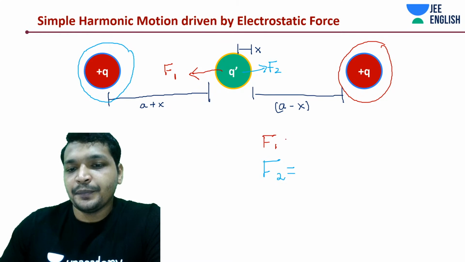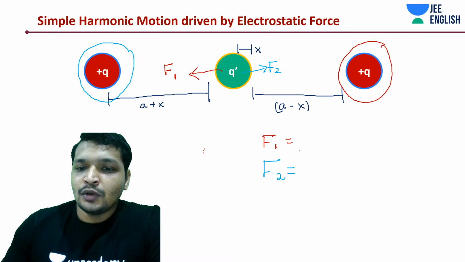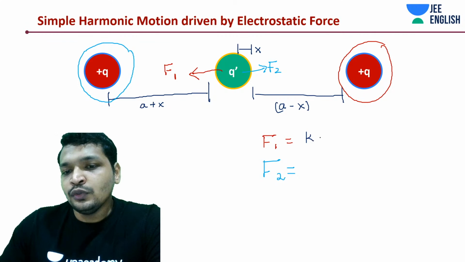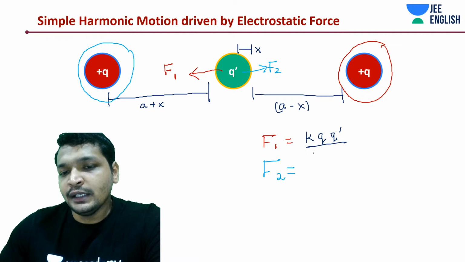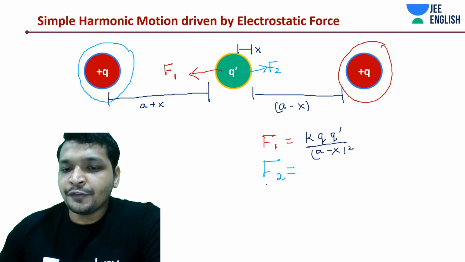What is the value of F1? F1 is K into q' divided by (A minus X) squared. How about F2?